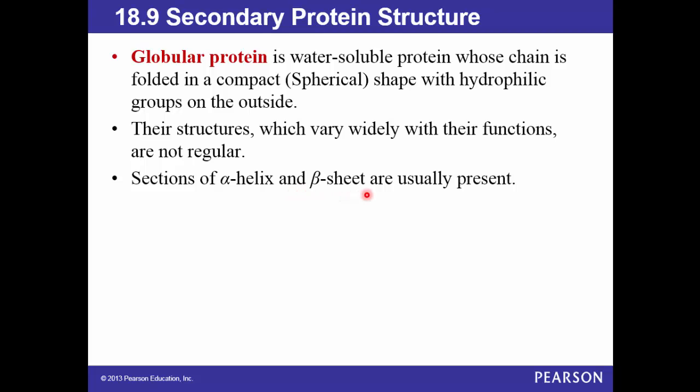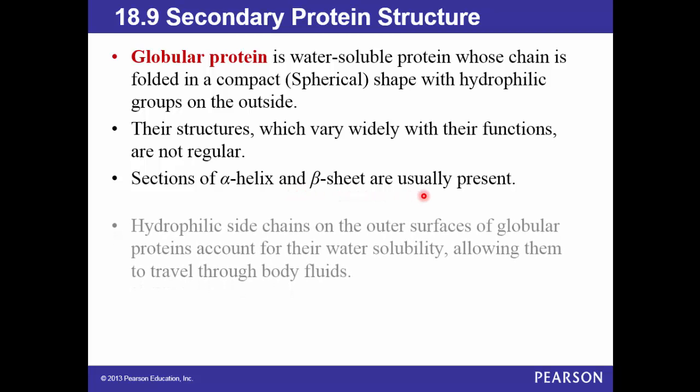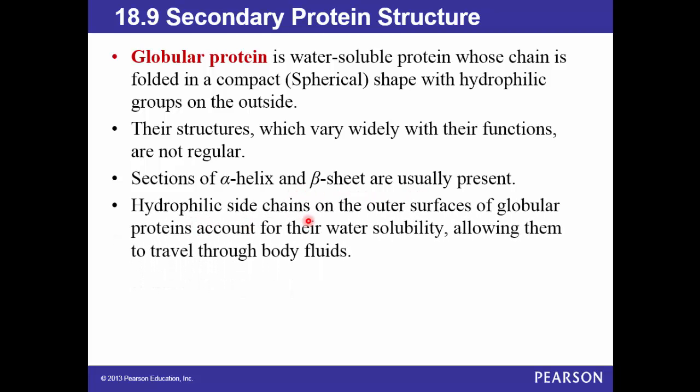Sections of alpha helix and beta sheet are usually present. The hydrophilic side chains are on the outer surfaces of globular proteins, account for their water solubility, allowing them to travel through body fluids. And many globular proteins are enzymes.